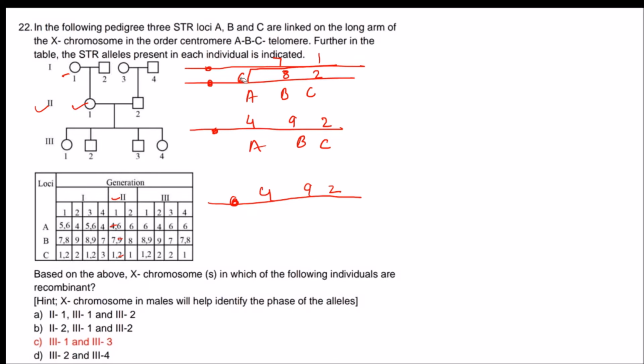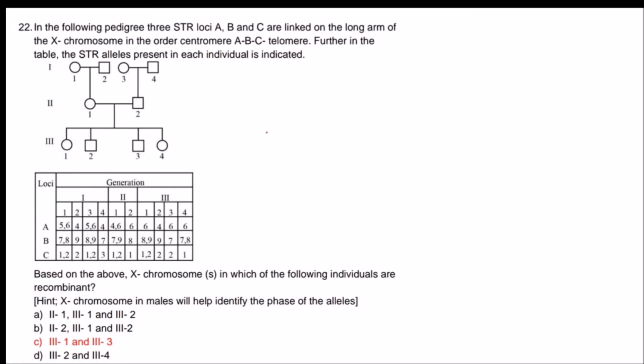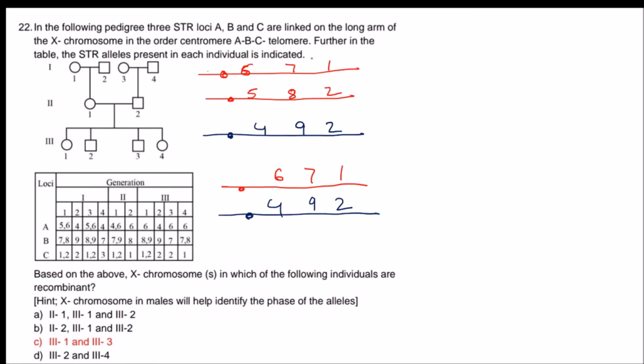I have erased it and corrected it, shifting 6 to the upper side and 5 below it. I have also changed the color of the ink, so it will be easier for you to understand. So the progeny has one X chromosome inherited from the male and one X chromosome from the female. No problem with this progeny.